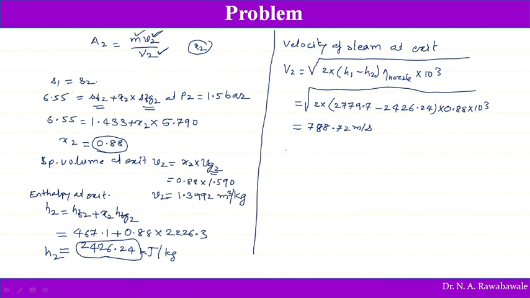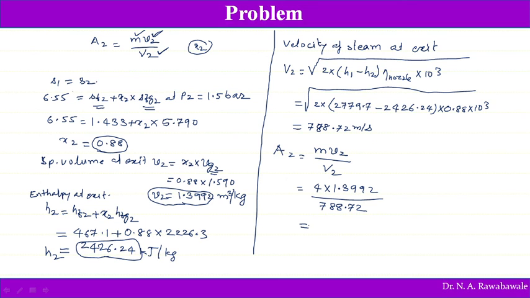Now we can find out area at exit. A2 is equal to m into specific volume at exit divided by velocity at exit. The mass flow rate is 4 kg per second, which is given in the problem. So 4 into specific volume V2, which is 1.3992, divided by velocity 788.72 at exit.